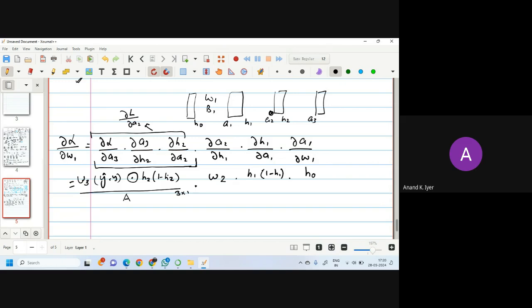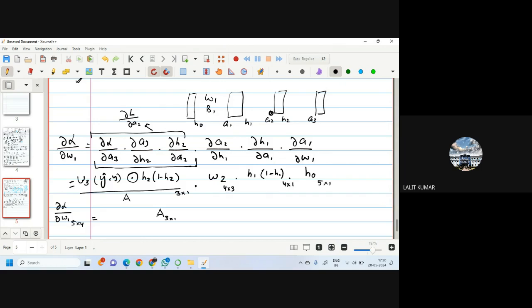Now, to match the dimensions, W1 size is 5 into 4. This A size is 3 into 1. W2 size is 4 into 3. H1 into 1 minus H1 size is 4 into 1. H0 size is 5 into 1.